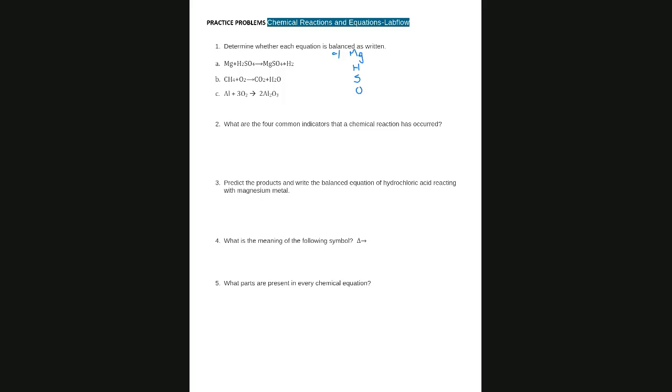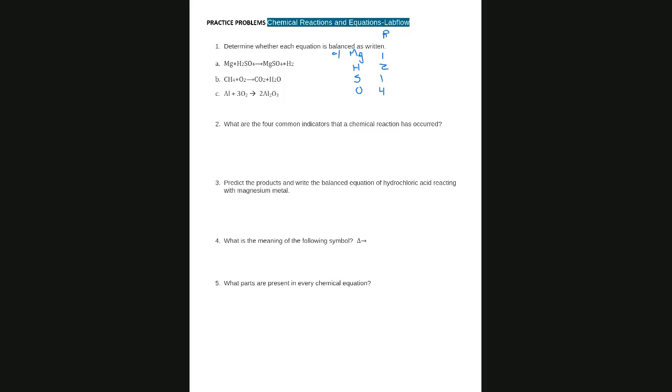And if I look at the reactant side, I have one magnesium, I have two hydrogens, because the formula says H2SO4, I have one sulfur, and I have 4 oxygens.